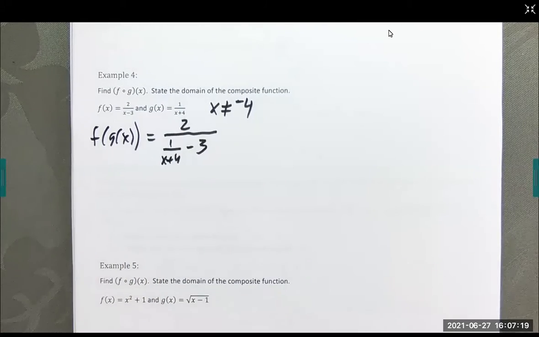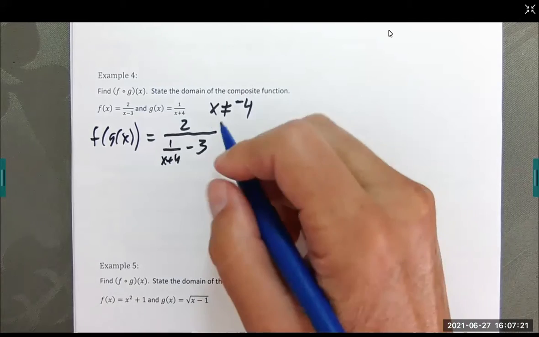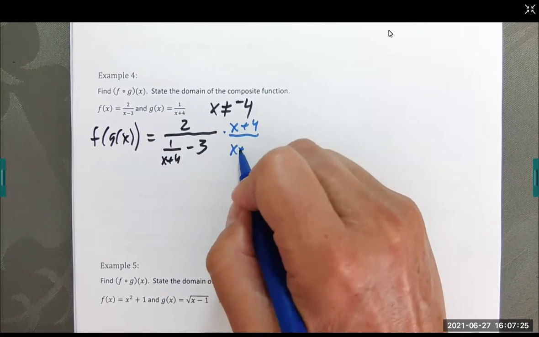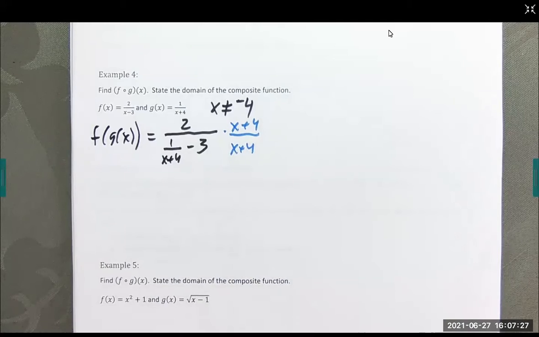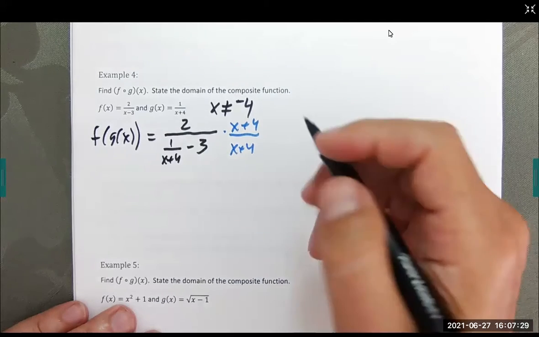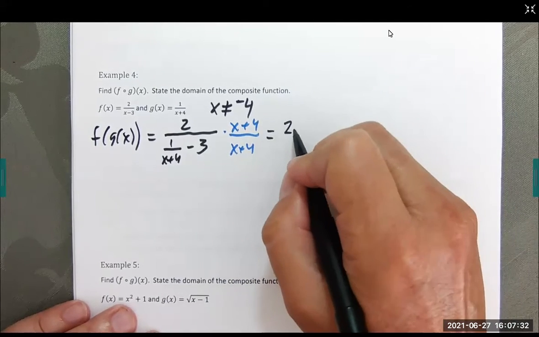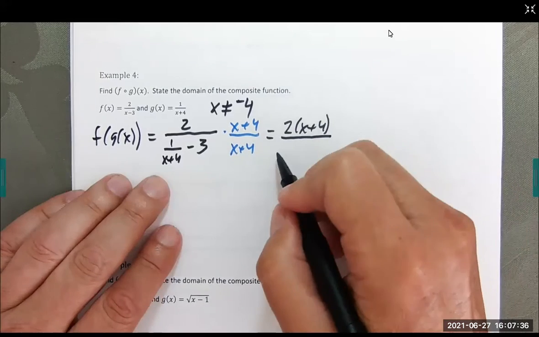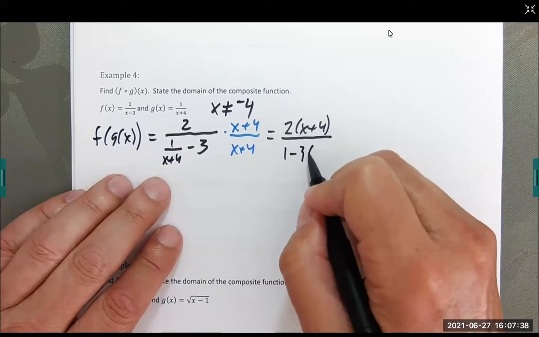And I'm going to multiply the top and bottom by x plus 4 over x plus 4. And that's going to give me 1 minus 3 times x plus 4.